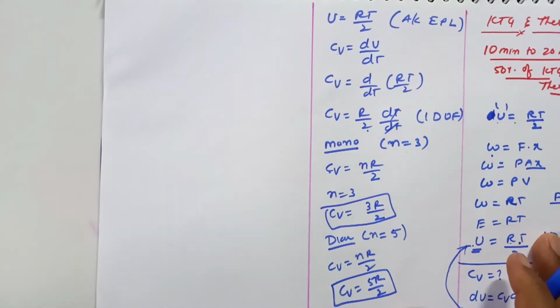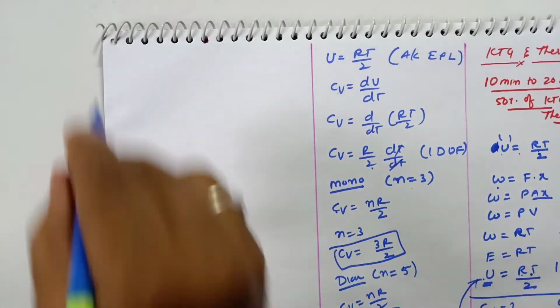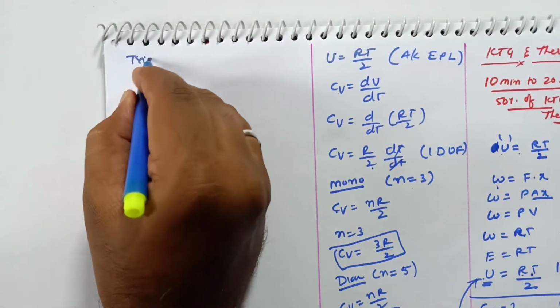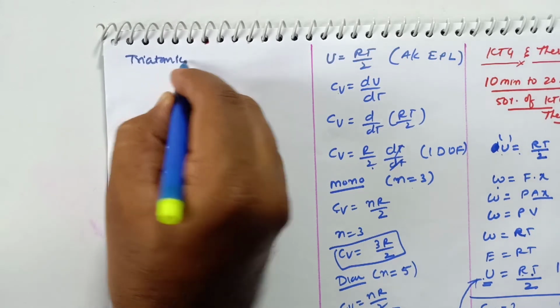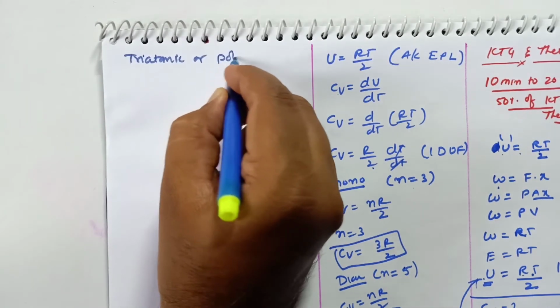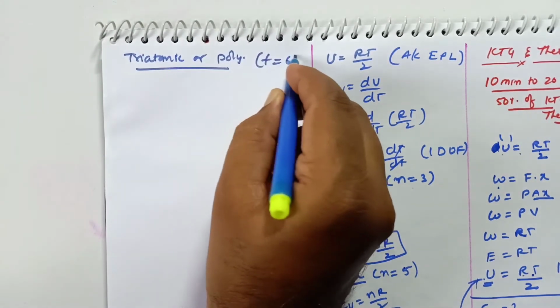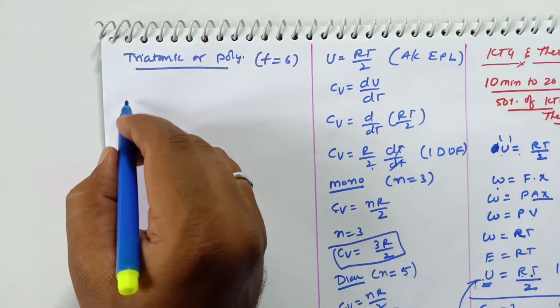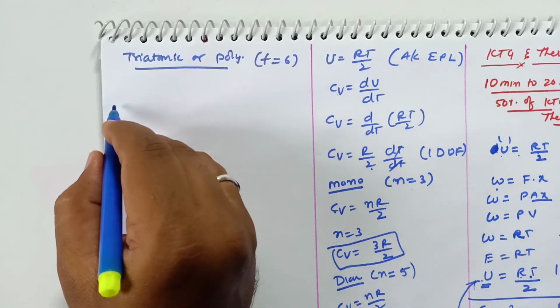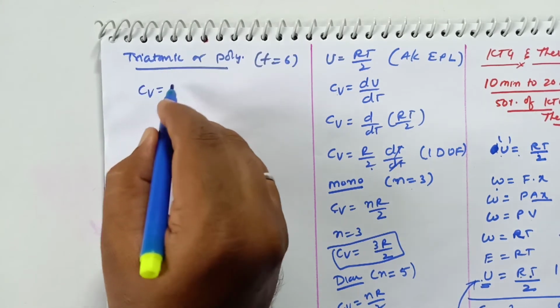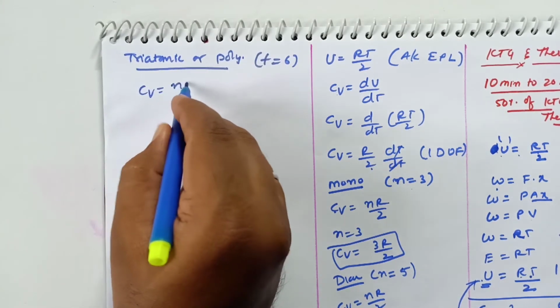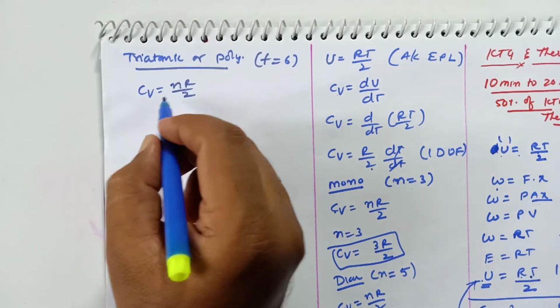Now let us go for a triatomic or a polyatomic molecule, where degrees of freedom is considered to be 6 here. Therefore, you can write Cv is equal to nR by 2.